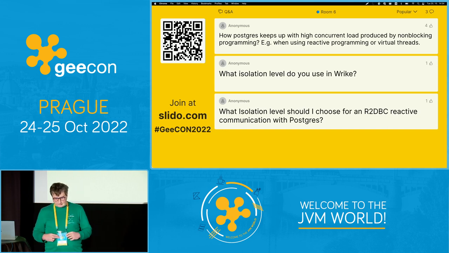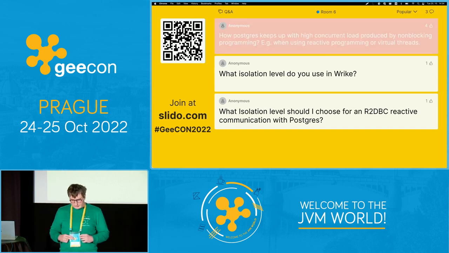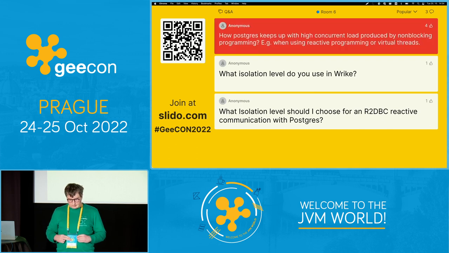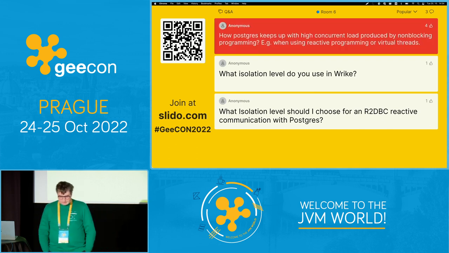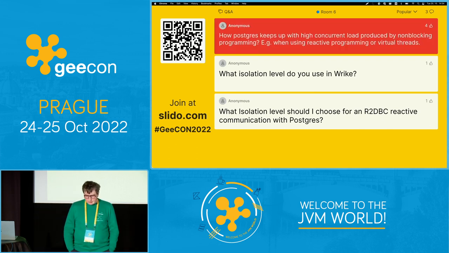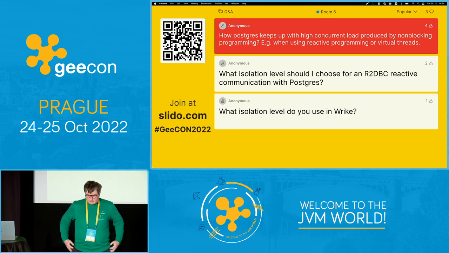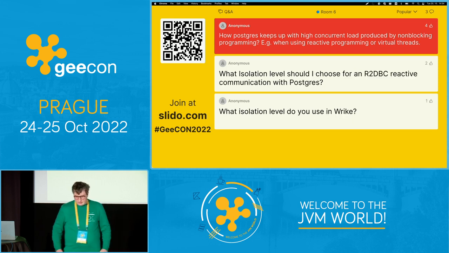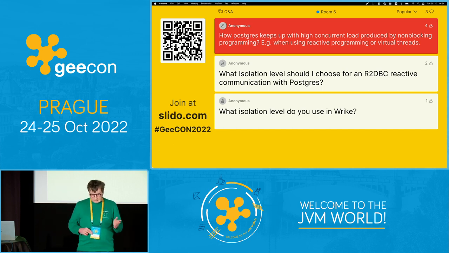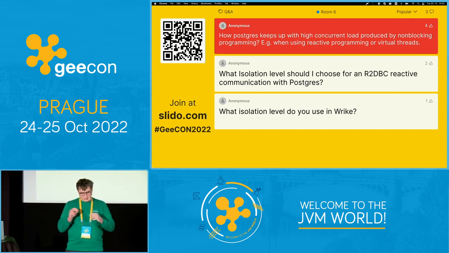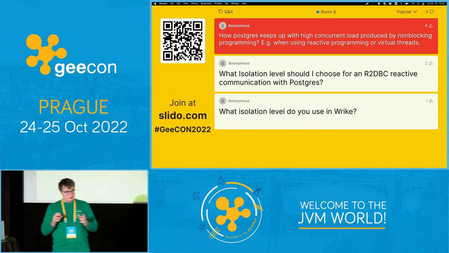So how does Postgres keep up with the high concurrent load produced by non-blocking programming? I would be honest, I haven't done it myself, but what I can assume is that it actually doesn't matter whether your programming is non-blocking or blocking, because in Postgres you have incoming requests, and Postgres has a number of connections.